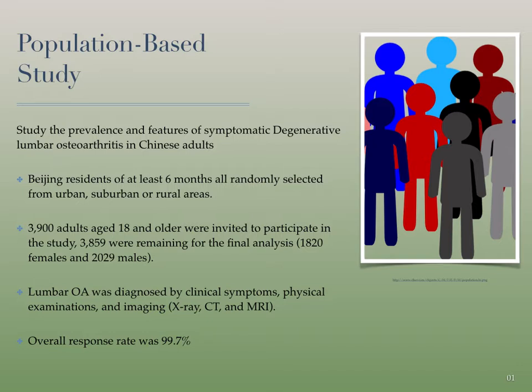It was broken down into 1,820 females and 2,029 males, so it was almost even sex-wise. The lumbar OA was diagnosed by clinical symptoms, physical examinations, and imaging techniques: x-rays, CAT scans, and MRIs. And the overall response rate was very good, 99.7%.